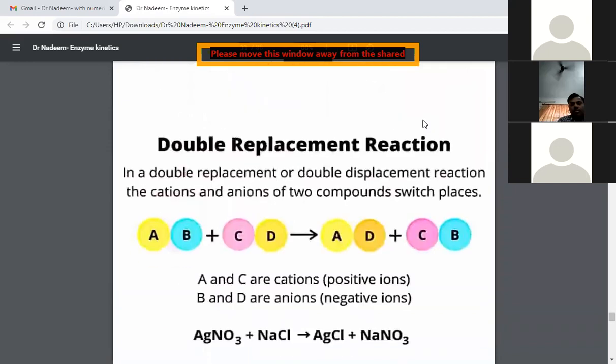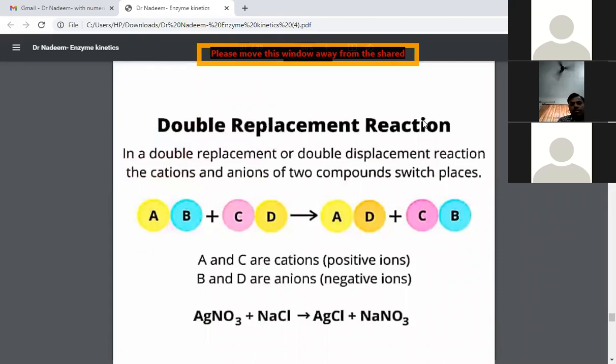This is the example. From the example, it is clear how the exchange of ions takes place between these two reactants forming the products. So in this double displacement reaction, the cations and anions of two compounds switch places. AB plus CD becomes AD plus CB. Here A and C are cations, that is positive ions, while B and D are anions.